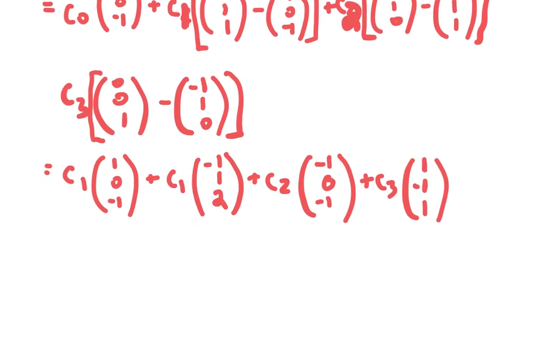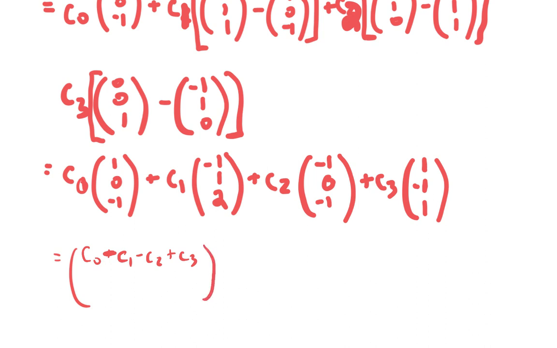All right. So this equals, well, let's do the top entry of our vector first. We have 1 C0, minus 1 C1, minus 1 C2, and 1 C3. So that's going to be C0 minus C1 minus C2 plus C3. That's the first entry.